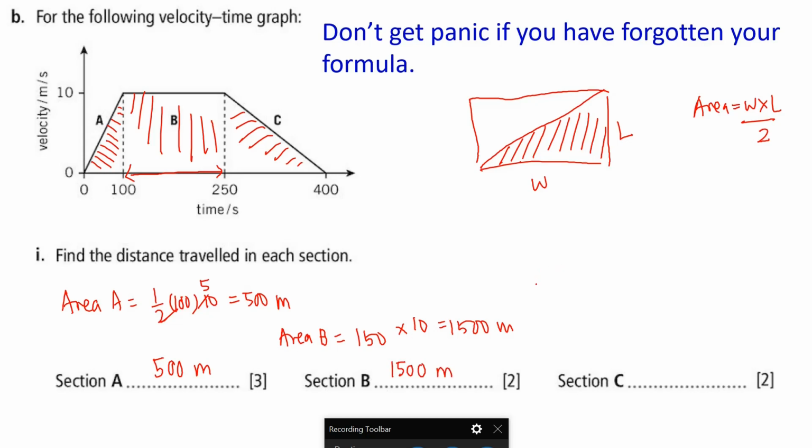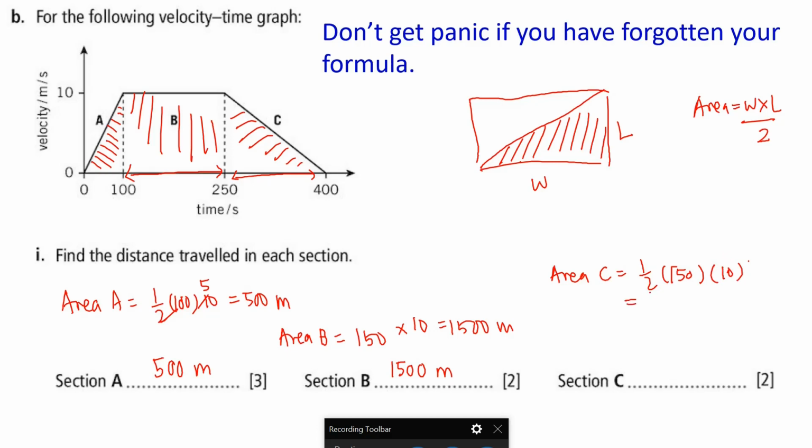Now how about area C? Basically it is half. The time over here is 150 seconds, multiplied by 10 meter per second.